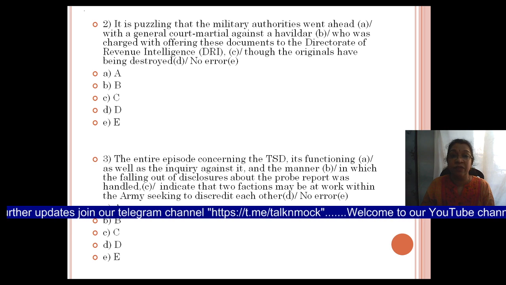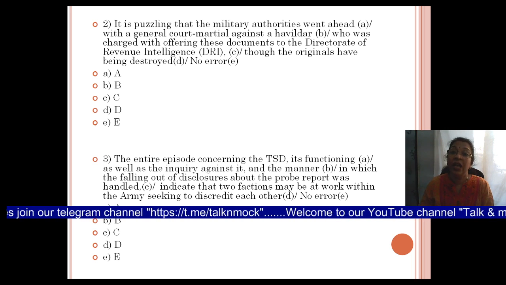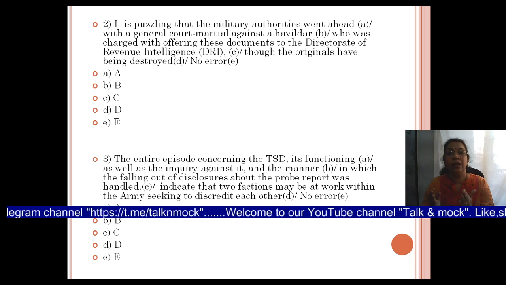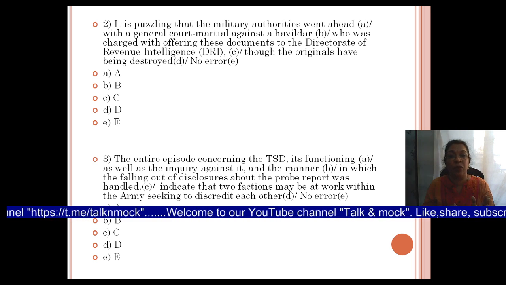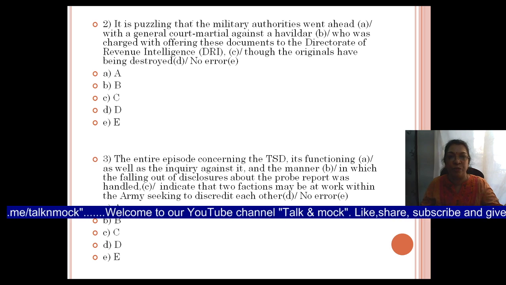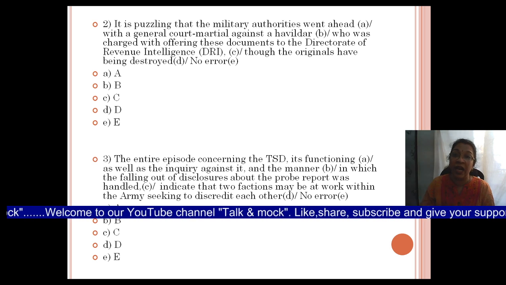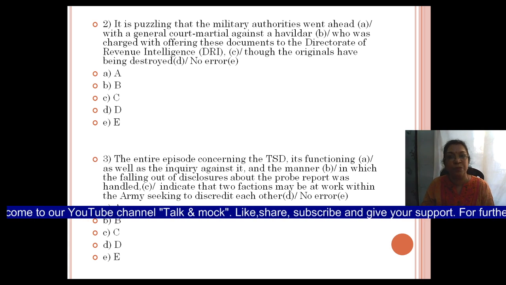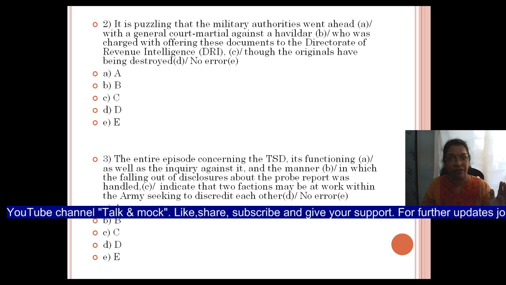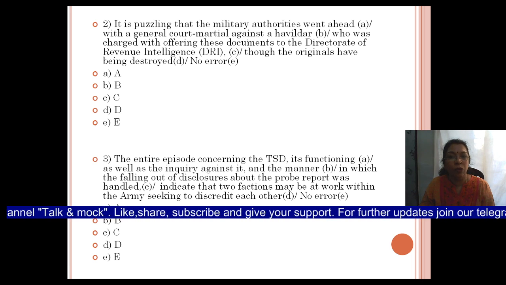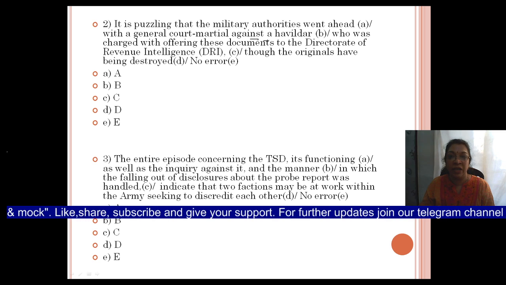So it is a court. When the word is a court, you need to know there will be two parties. Court martial against a havildar, so it has been petitioned against a havildar. So the preposition is also right.